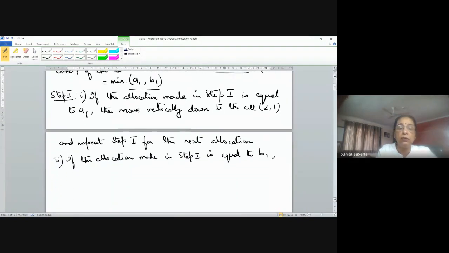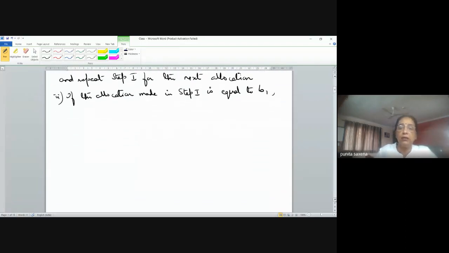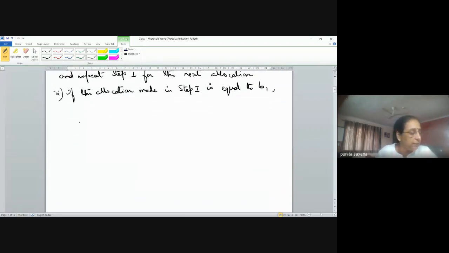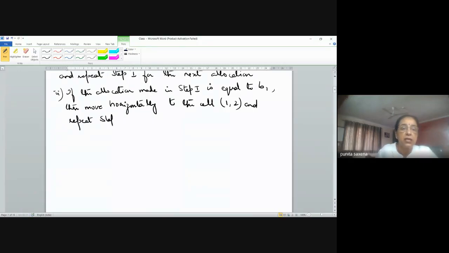If the allocation made in step 1 is equal to B1, then move horizontally to the cell. The cell that we have moved to is 1, 2, and repeat step 1 for the next allocation.